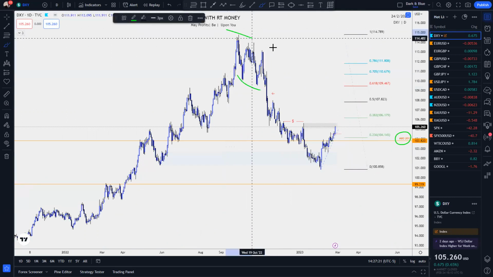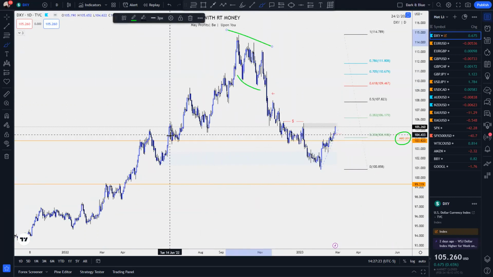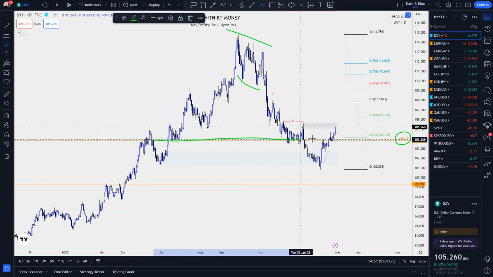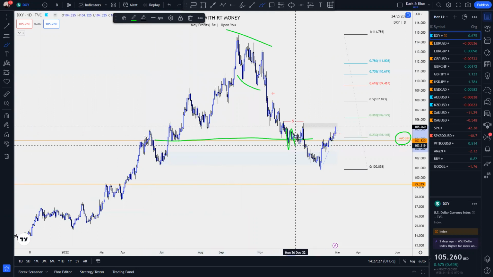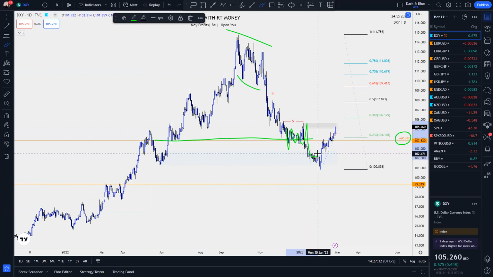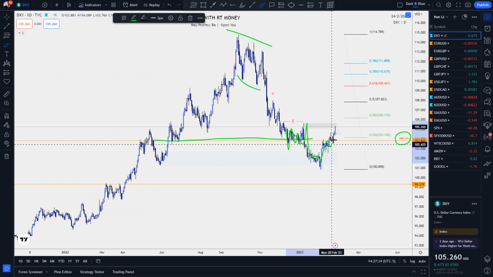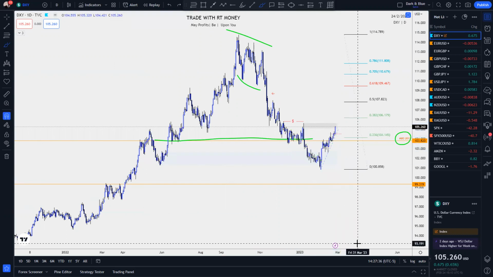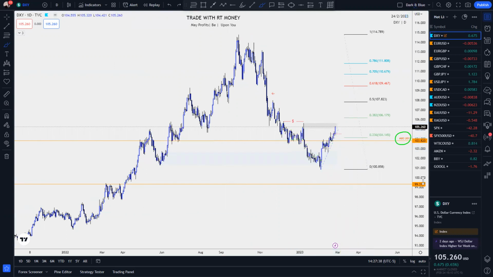Then we started to break down and came back to retest this level. We were here for a couple of weeks, and then we finally broke through, came down, and found support here. And again, we are now trading above the major breakout of 2017.